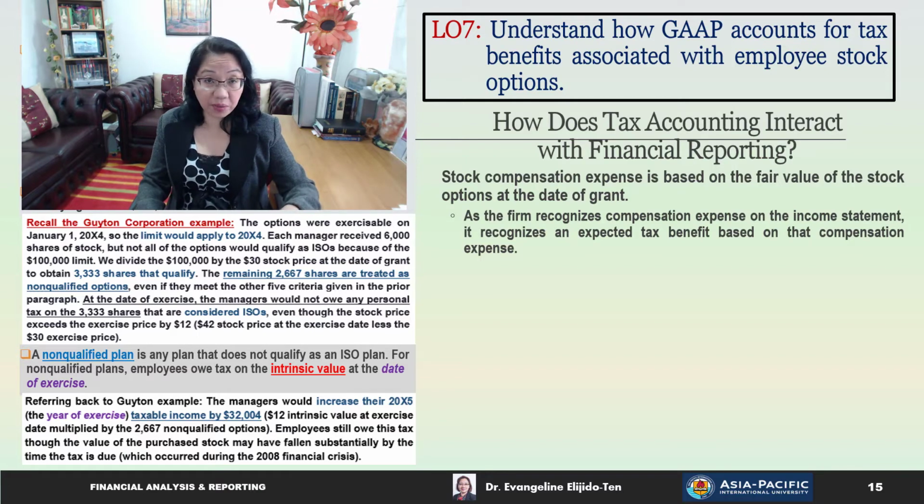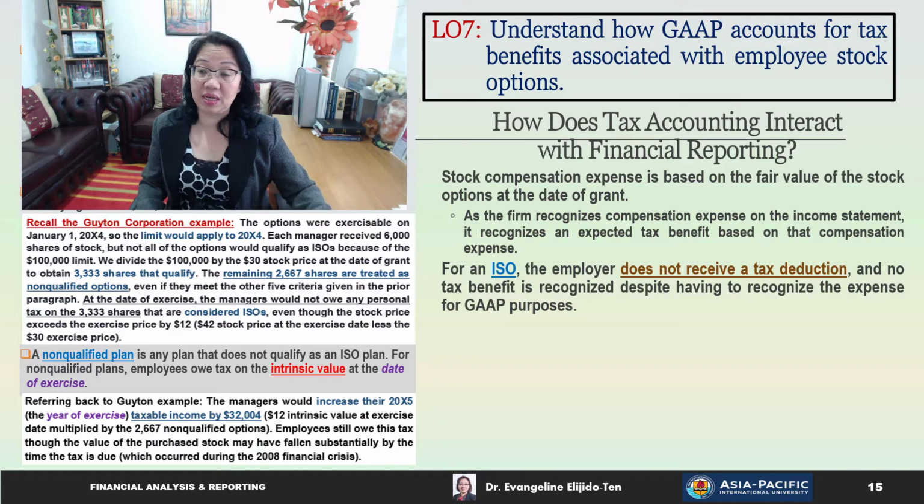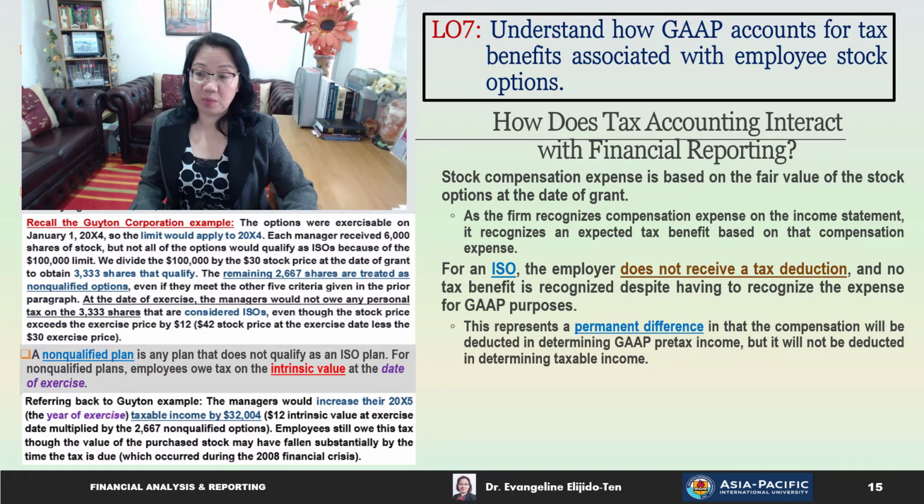So as the firm recognizes compensation expense on the income statement, it also recognizes an expected tax benefit based on that compensation expense. For an ISO, the employer does not receive a tax deduction, and so no tax benefit is recognized despite having to recognize the expense for GAAP purposes.